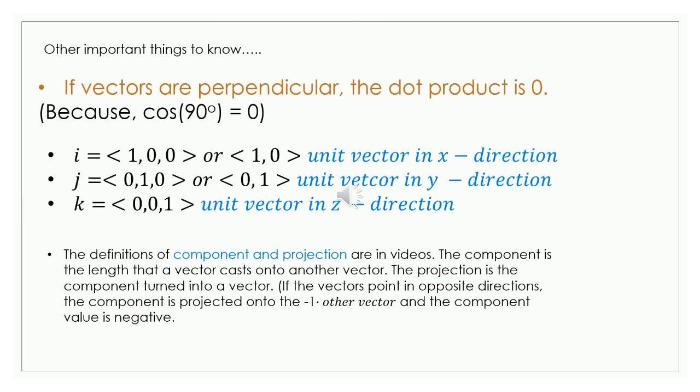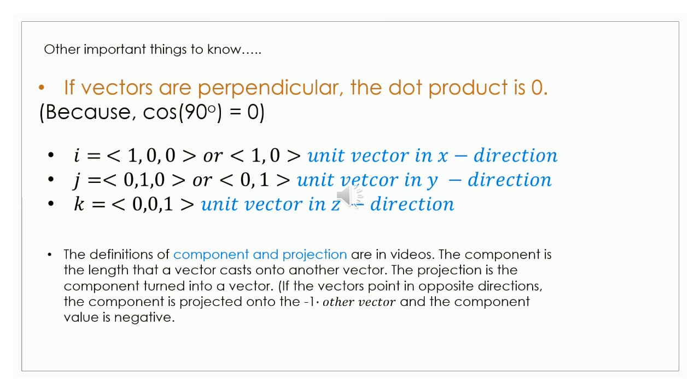The length of that shadow is the component, and if you turn that segment, that shadow, into a vector itself, the shadow segment turned into a vector is called the projection. So the component and projection are almost the same thing. The component is really just talking about the length, the magnitude, and the projection is that length turned into a vector itself.